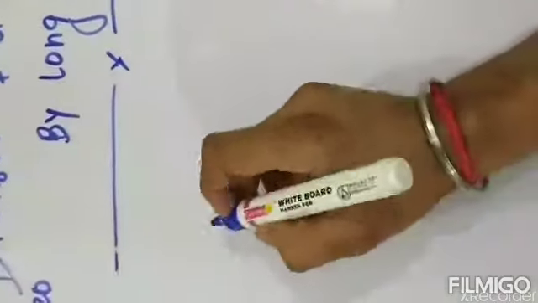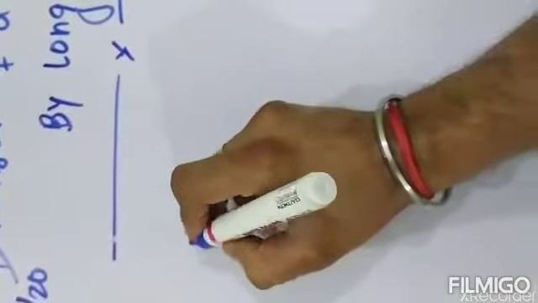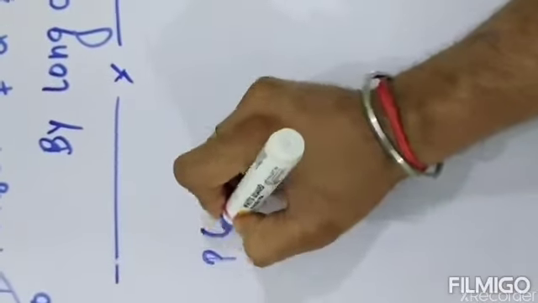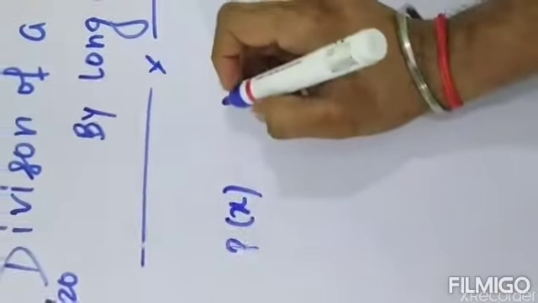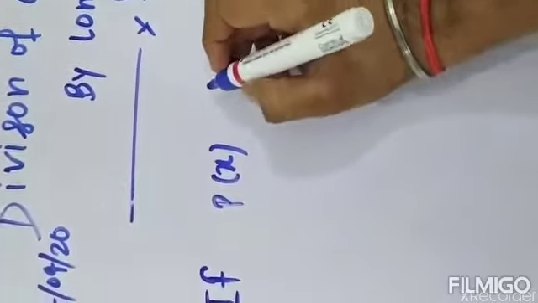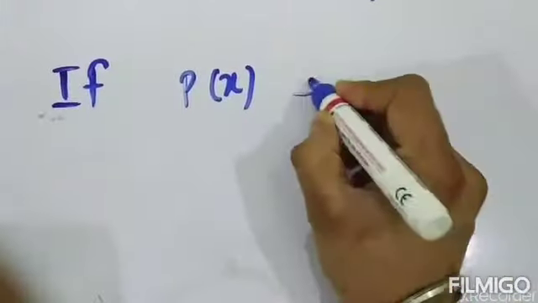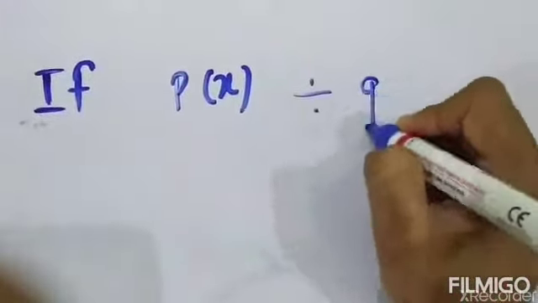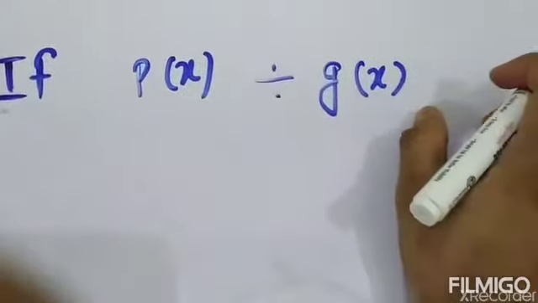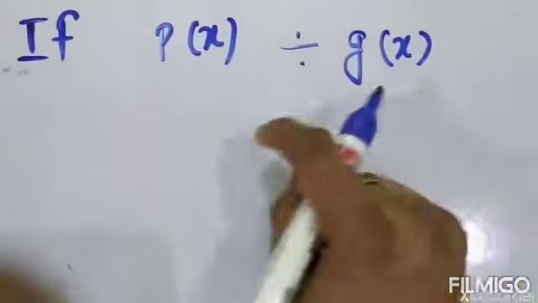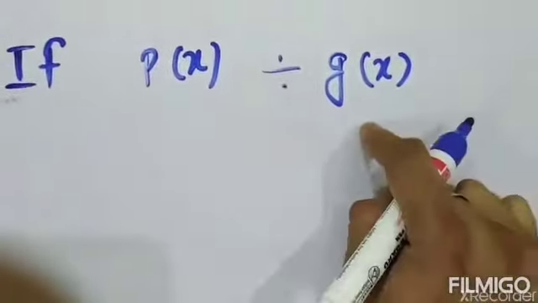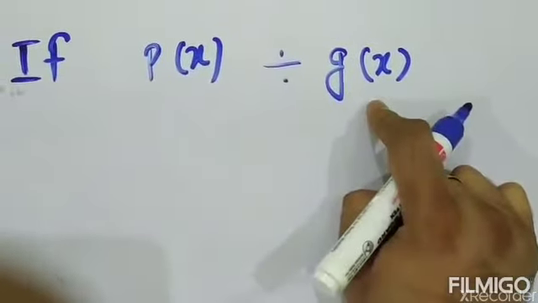Let us see. Suppose we have one polynomial, P of x, and we divide P of x by g of x, which is the other polynomial.